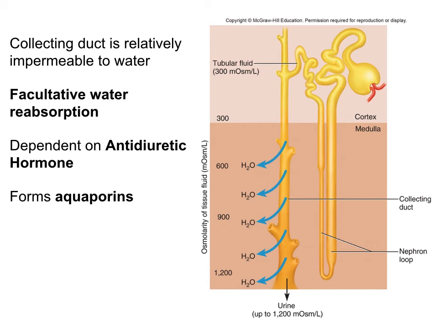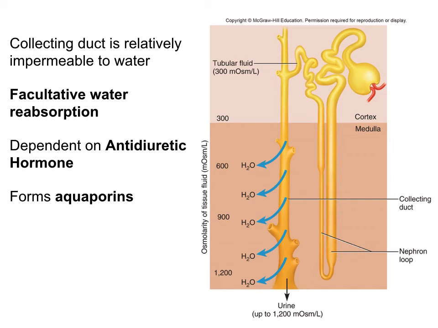Now, the DCT and the collecting duct are very impermeable to water. The DCT does not reabsorb any water, which is why water reabsorption was not even referenced when I talked about the DCT. The collecting duct is impermeable to water. However, it can undergo facultative water reabsorption, so water movement that is more controlled, and this water reabsorption is dependent on antidiuretic hormone.